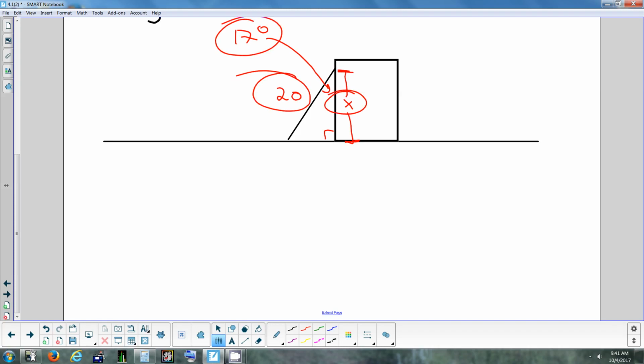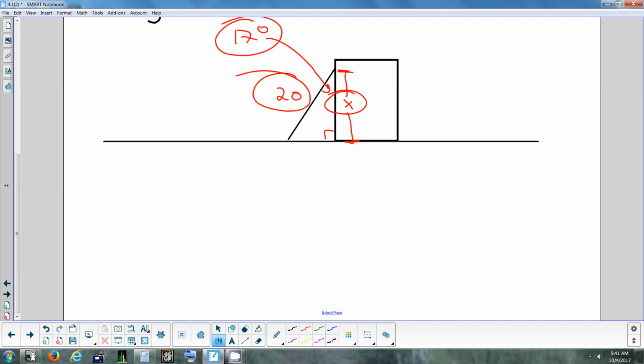So first, let's just figure out the sides, what their names are. Zach, what did we say the 20 was? What's that side? Hypotenuse. So we're not using tangent. Okay, we're using something with sine or cosine.